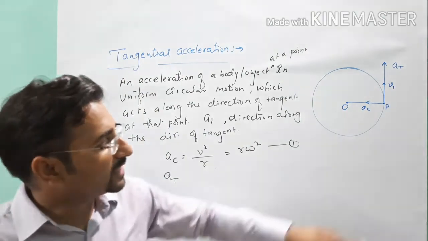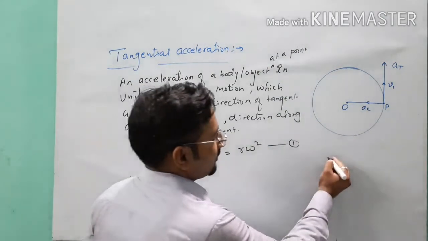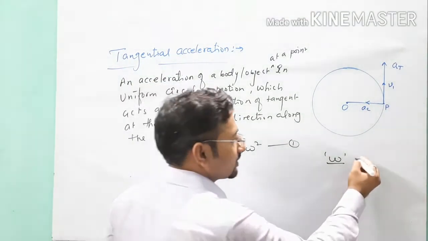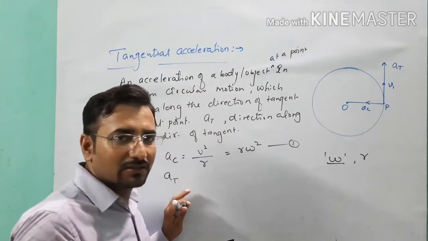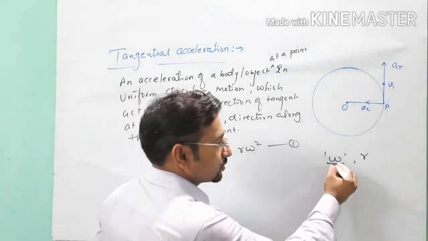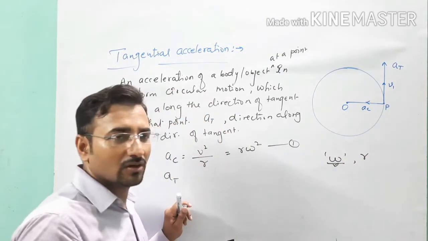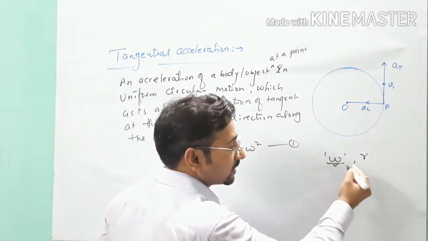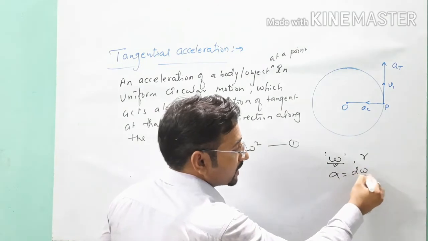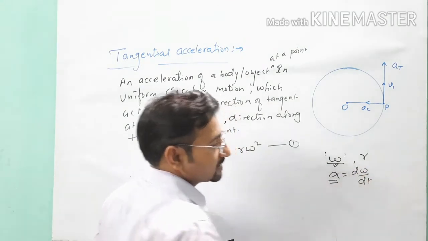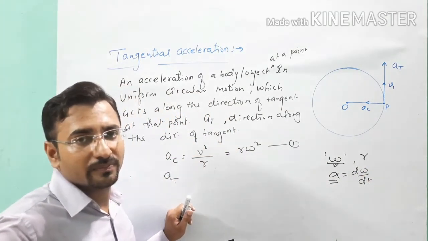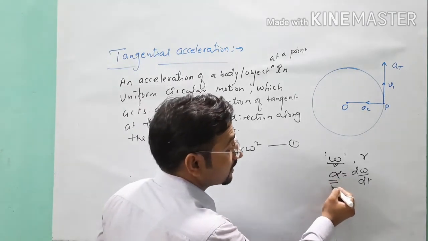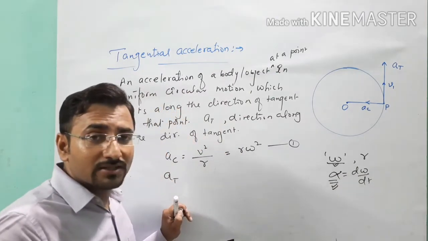So when the object is in circular motion having some constant angular velocity omega and moving in a circular track or path of radius r, due to change in angular velocity with respect to time, d omega over dt, an acceleration will also be produced in this circular motion, which is called angular acceleration.